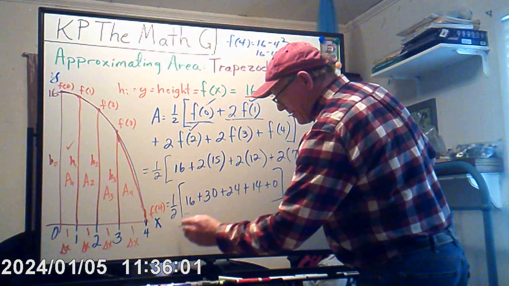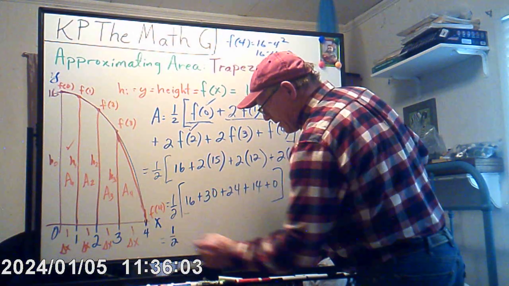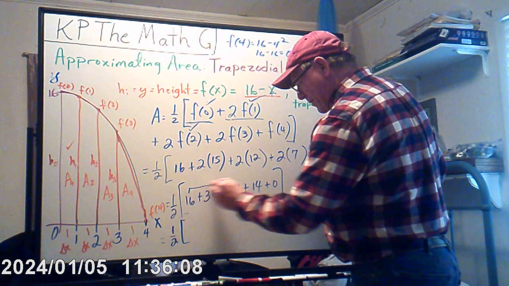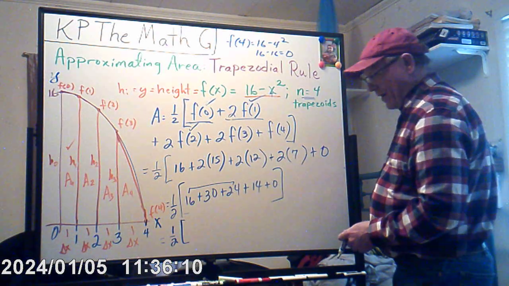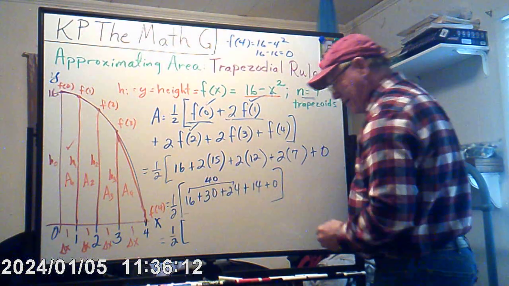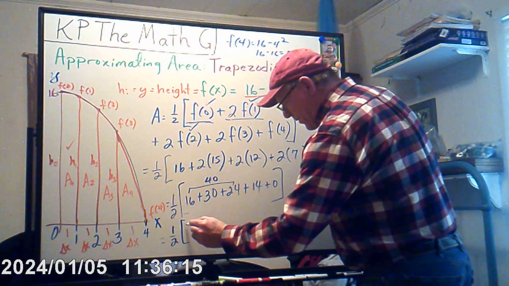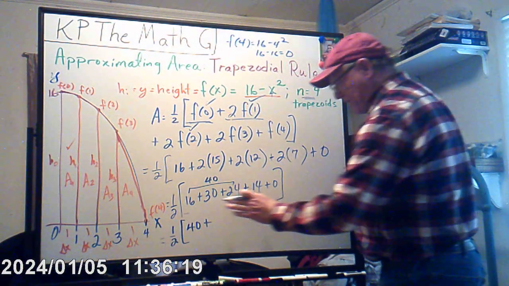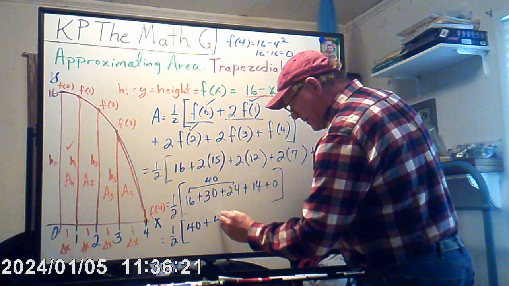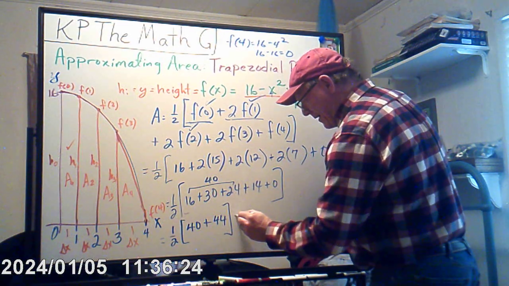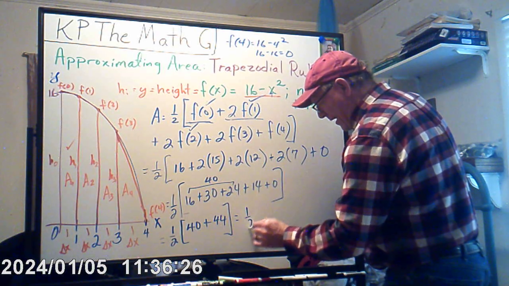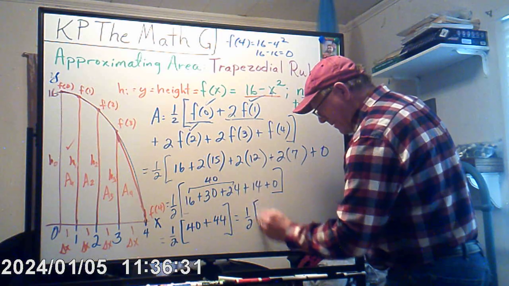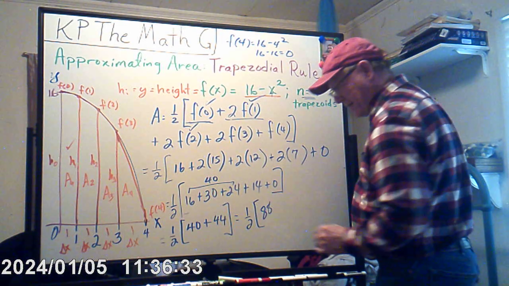Let's do a little arithmetic here. 16 plus 24 is 40. 40 plus 30 plus 14 is 84. And now this is 1/2 times 84.